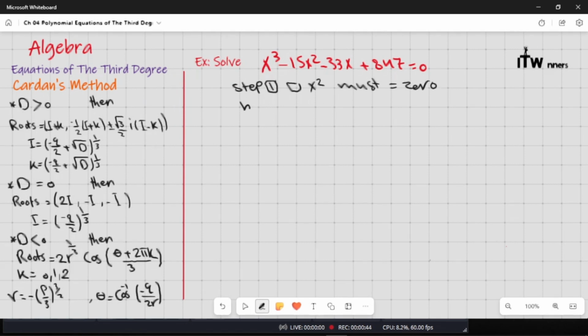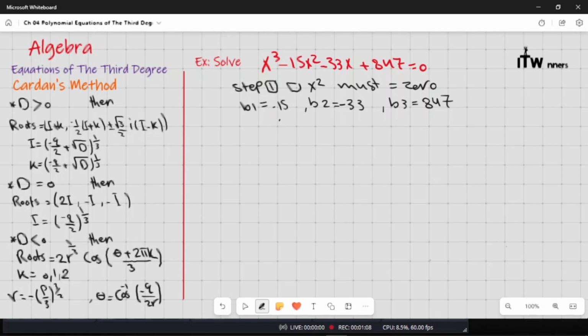We have p1 equal to negative 15, p2 equal to negative 33, p3 equal to 847.